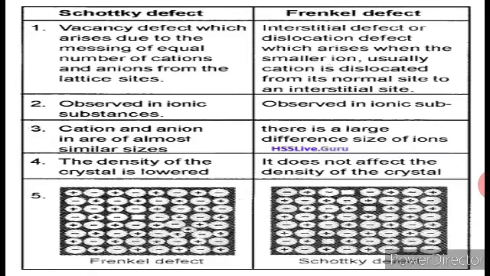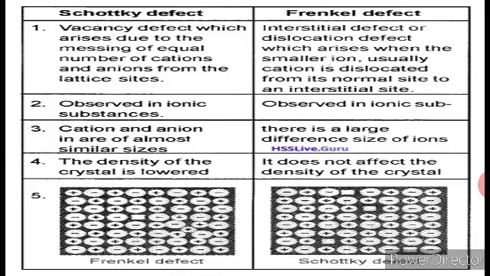As we know, Schottky defect is a vacancy defect which is generated due to the absence of an equal number of cations and anions from their lattice points or lattice sites. While Frenkel defect is an interstitial or dislocation defect which is produced when a smaller ion leaves its lattice point or actual position and gets accommodated in interstitial voids.